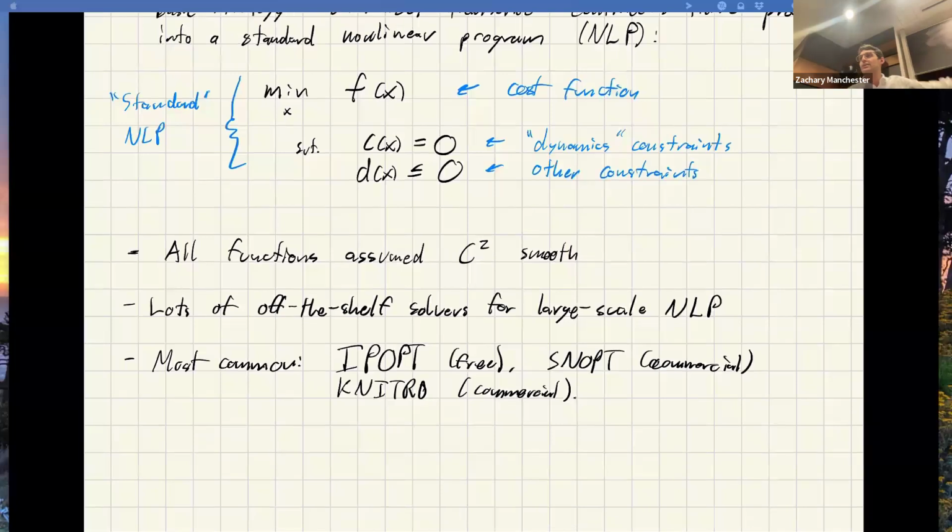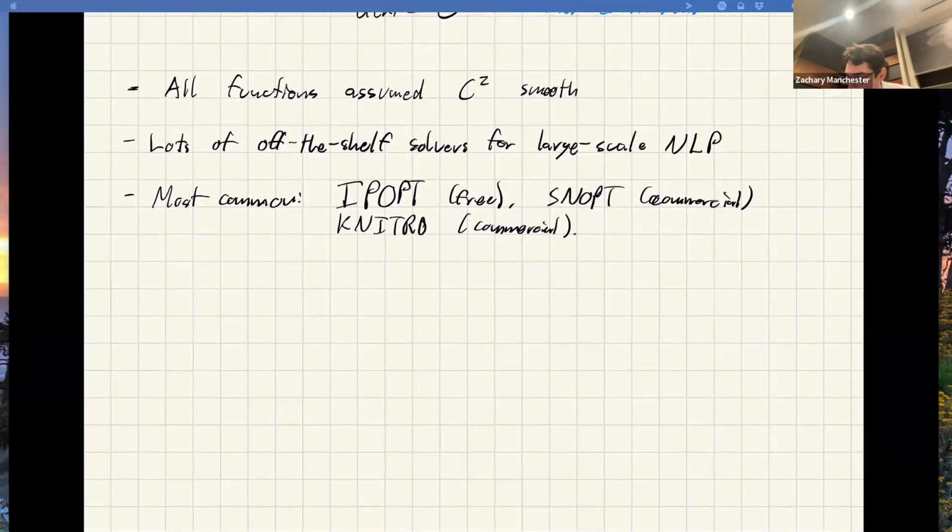This is an NLP. A very common strategy for solving NLPs that we're going to give a quick overview of, and that you can do because you have all the pieces, is sequential quadratic programming. This is what SNOPT does in particular, and many other solvers.